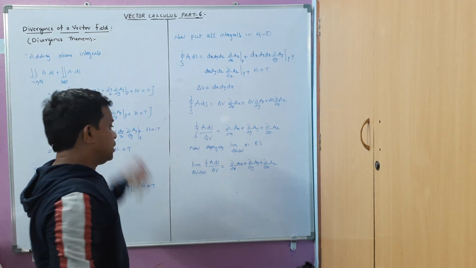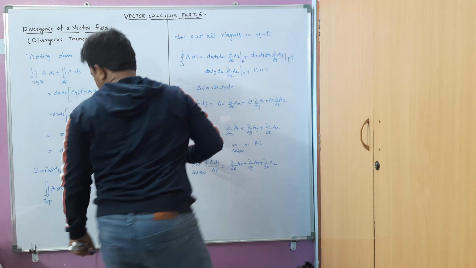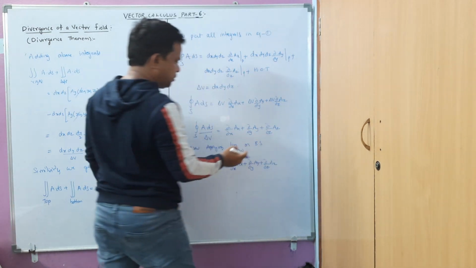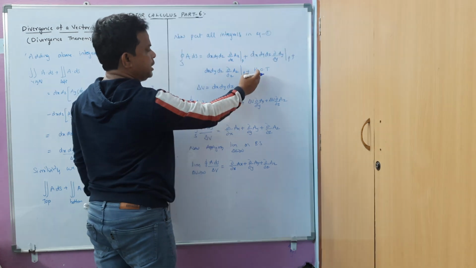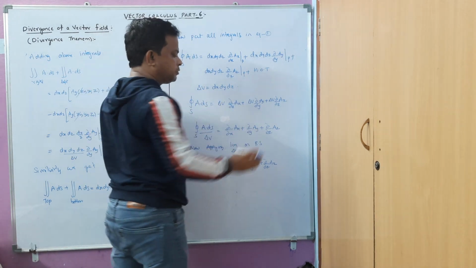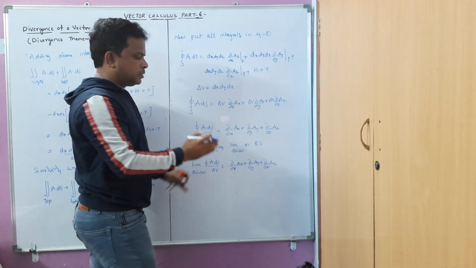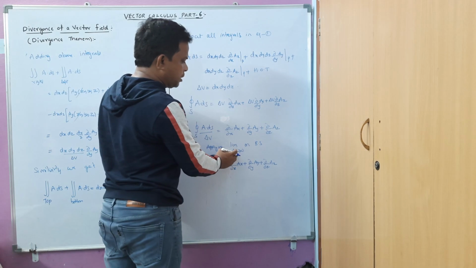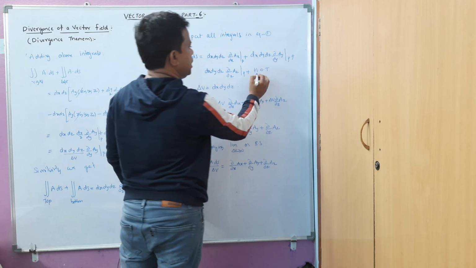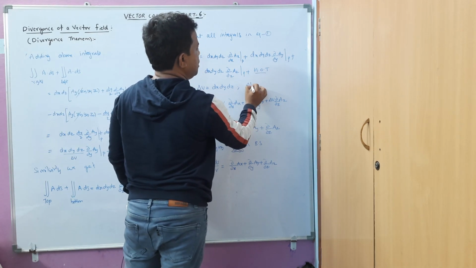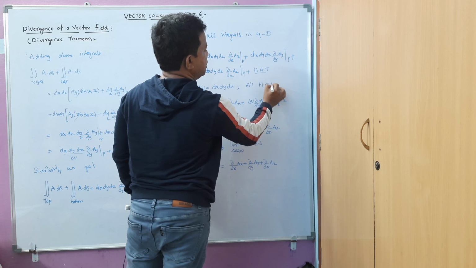So this is the completion of it. Now what I have done here is neglect all the higher order terms. Why? Because as the volume is shrinking to the point P, delta v is approaching 0 and all the higher order terms are neglected. So you can write the point here, all higher order terms are neglected.